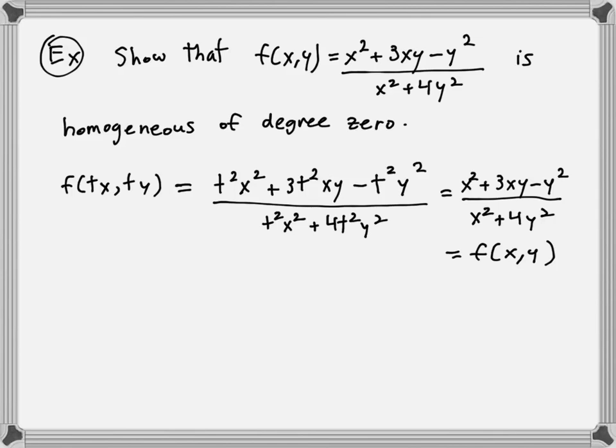So plugging in tx, ty gives us the function. So that's it, right? This means that f is homogeneous of degree 0. Okay.